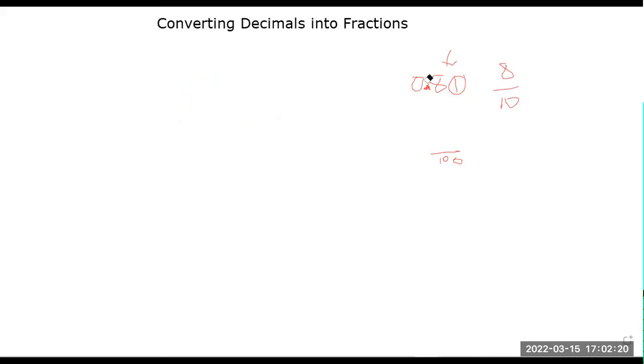Now let's go the other way around, which should be simple. I don't want to take it for granted. So suppose now we had this instead, and I asked you, let's use a simple example, 0.5.